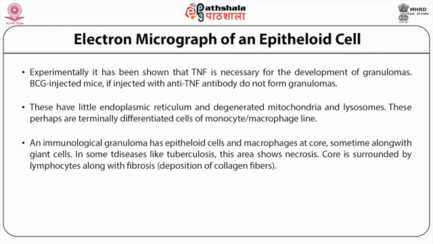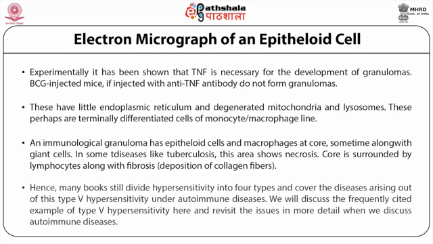In this case, the antibody mediating it is again against a self-antigen. Hence, many books still divide hypersensitivity into 4 types and cover the diseases arising out of this type 5 hypersensitivity under autoimmune diseases. We will discuss the frequently cited examples of type 5 hypersensitivity here and revisit the issues in more detail when we discuss autoimmune diseases.